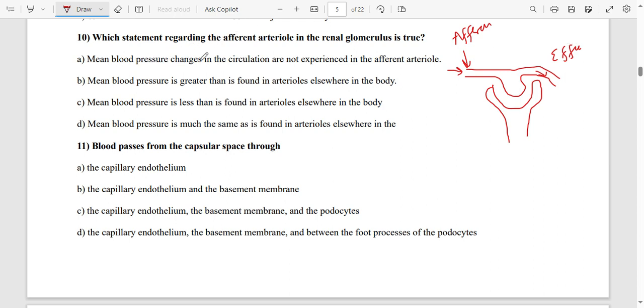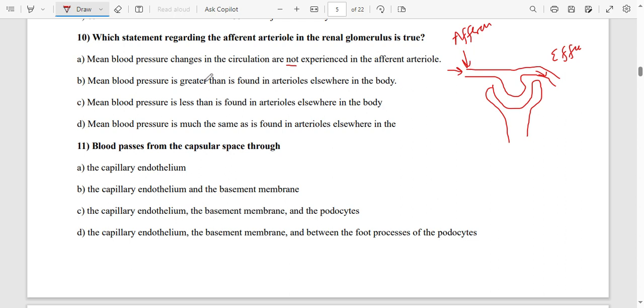Mean blood volume changes in the circulation are not experienced in the afferent arteriole. Remember, we want what is true. Okay. Now, mean blood pressure changes are going to be experienced. This one is saying are not. If there is a change in blood pressure, it will also be experienced in the efferent arteriole.